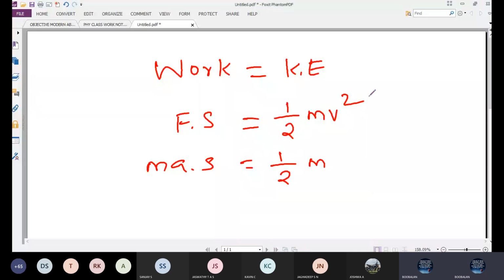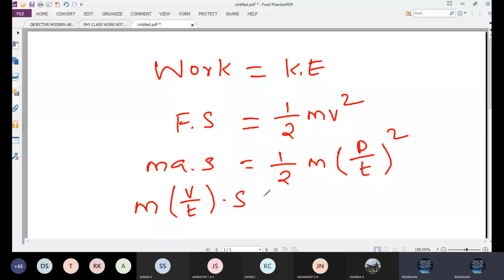V means velocity, no? So velocity formula, displacement by time. Displacement by time square. And acceleration means velocity divided by time, into displacement. S is referred to as displacement. 1 by 2 m into displacement by time whole square.